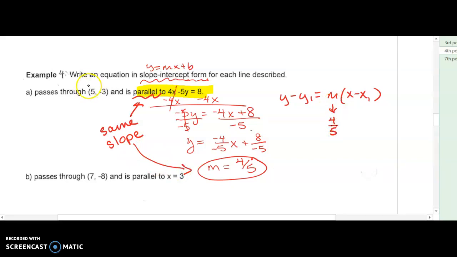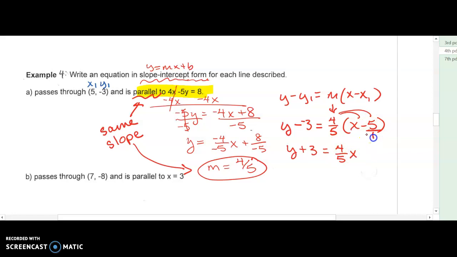My x1 and y1 is going to be this point over here. So I'm going to have y minus negative 3 equals m times x minus 5. So that's y plus 3. We're going to distribute the 4/5 equals 4/5 x.